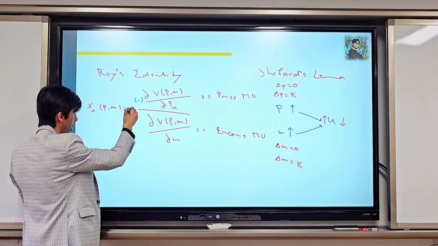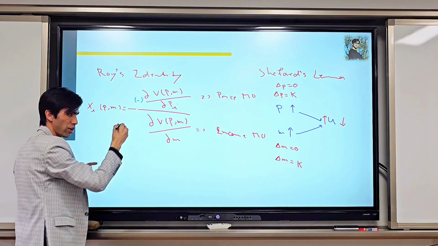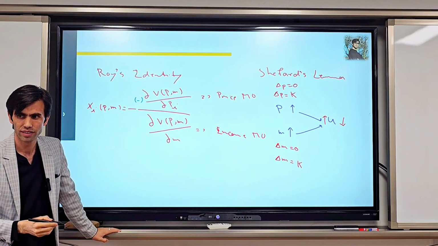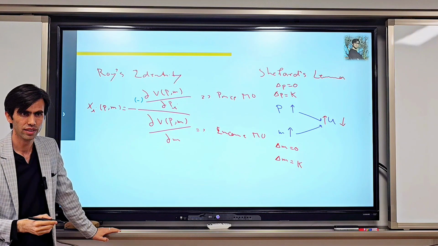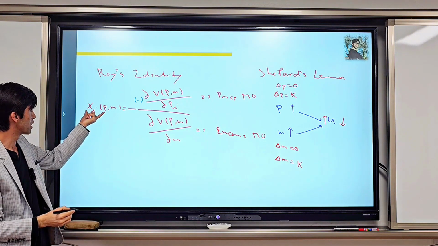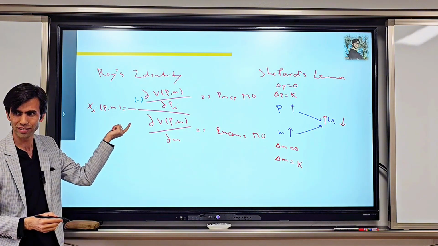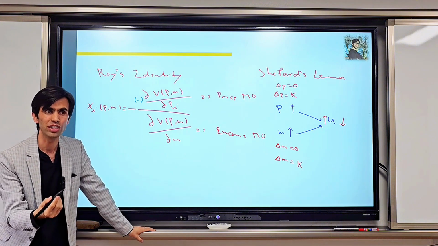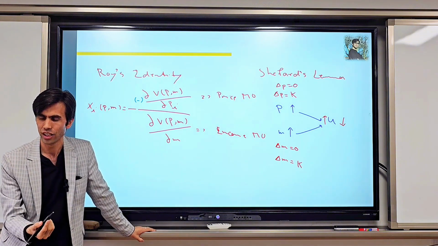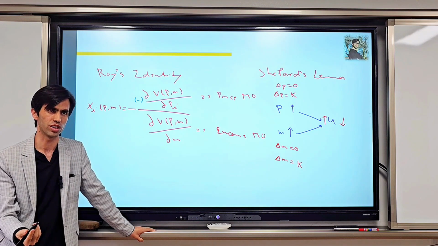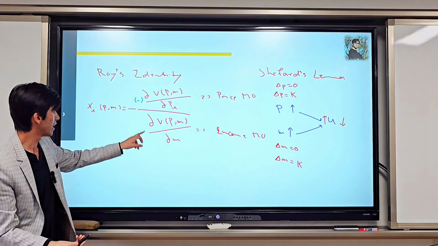Then we should multiply by another negative sign to make it positive, because the demand function should be positive. As we said, you cannot consume a negative amount of something. You should consume either 0 or a positive amount.